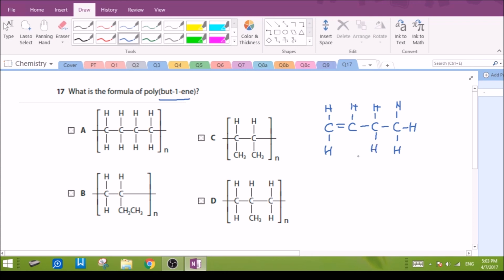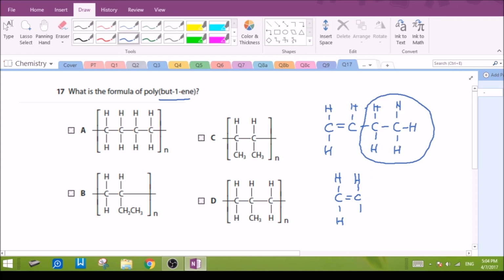Now, for polymerization to take place, we must visualize the double bond in the middle, and whatever else will be above and below the molecule. This is essentially what we have drawn, but this particular group would have to be shifted down so that there's space for it to form single bonds to other monomers.